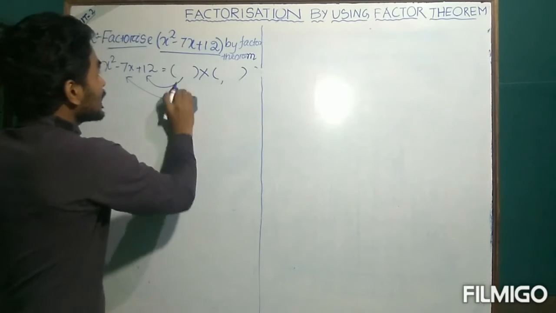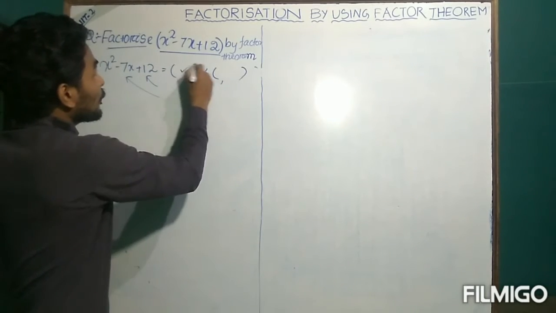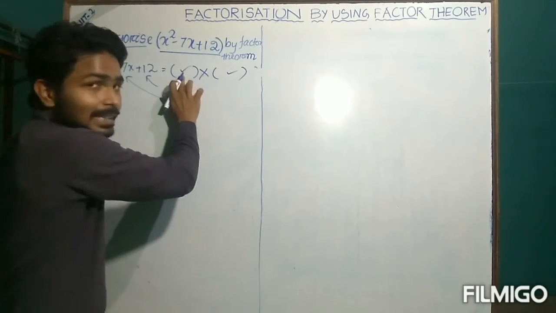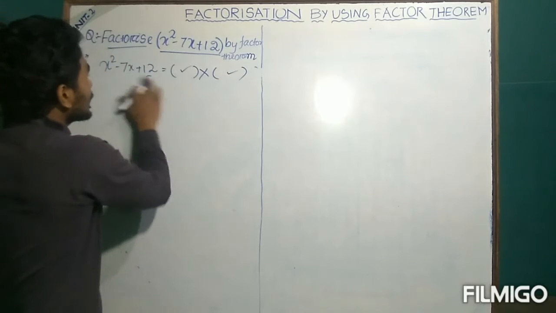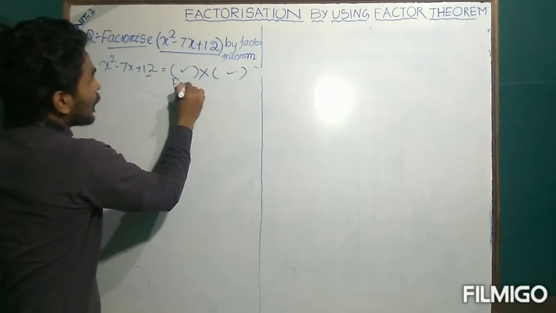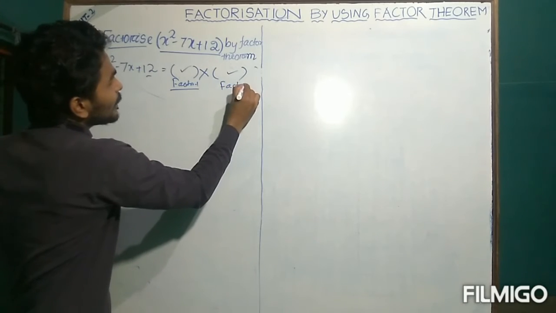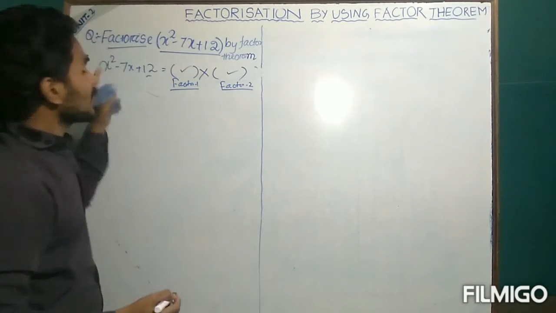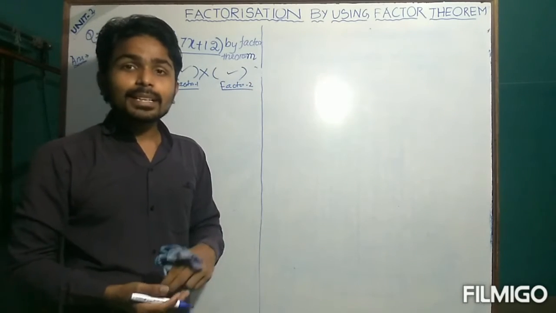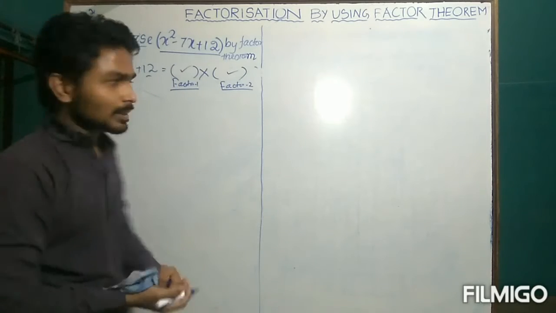This is factor 1 and this is factor 2. Since it is a quadratic polynomial, that means it has two zeros.